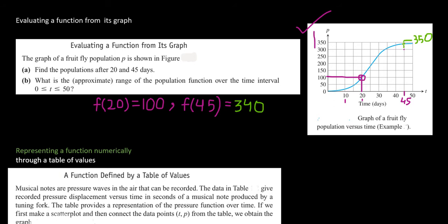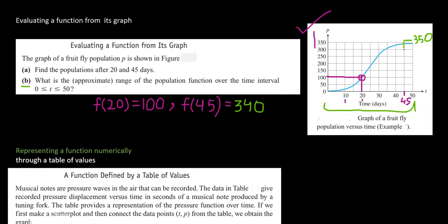So we will move towards our second part, that is B. What is the approximate range of the population function over the time interval 0 to 50? They were saying that if it passes over the 50 days, how much will be the population of our fruit flies?